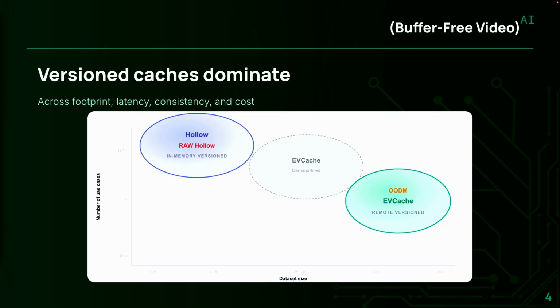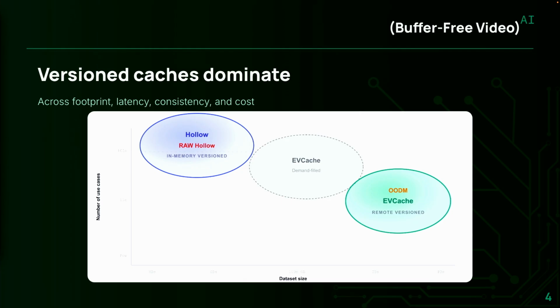And so this talk is about focusing on a more prevalent pattern than demand-filled caching at Netflix. And just to illustrate the usage of these patterns, if we map all our caching use cases by count and data volume within Netflix, the versioned caching pattern dominates.